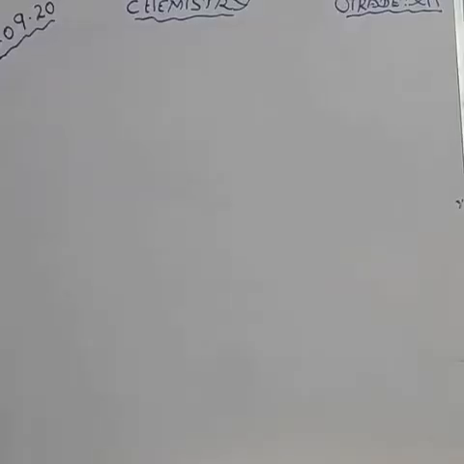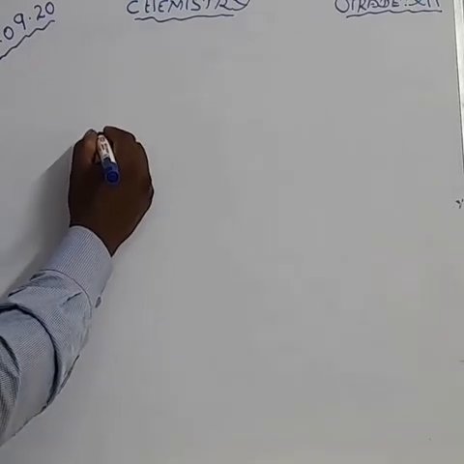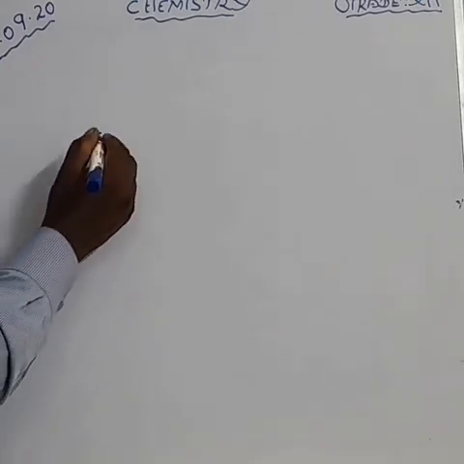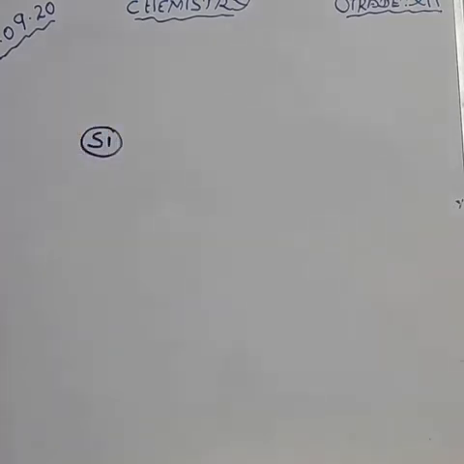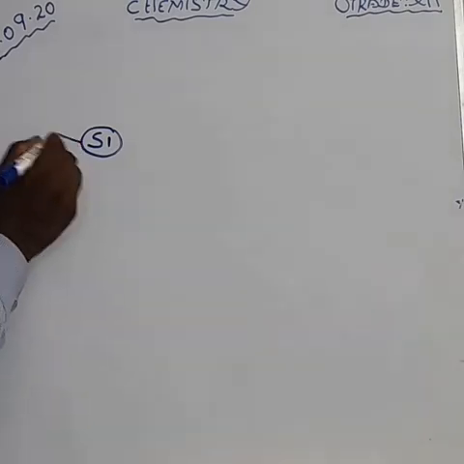Let us draw the structure of orthosilicate or nesosilicate. First of all, I am drawing the 3D view. That means first, this is silicon. Next, oxygen.